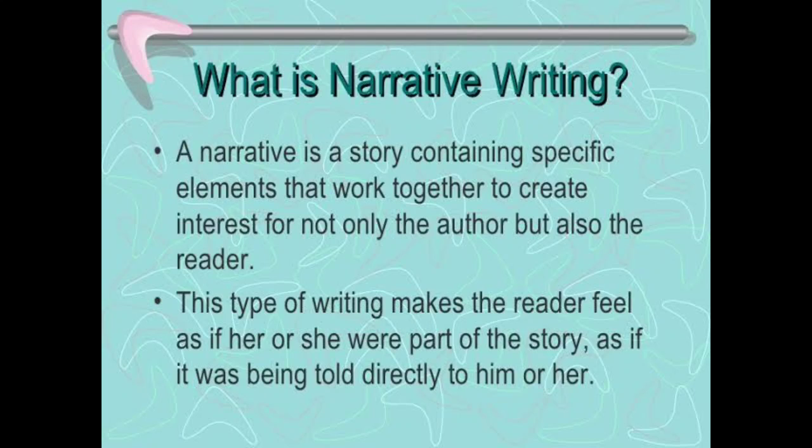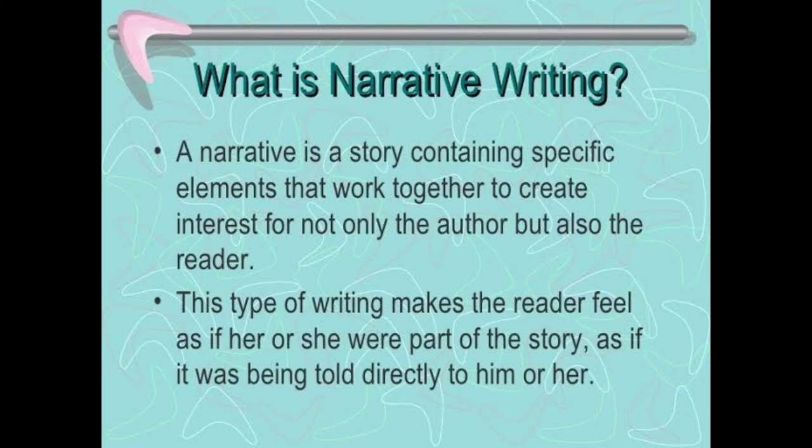A narrative is a story containing specific elements that work together to create interest for not only the author but also the reader. This type of writing makes the reader feel as if he or she were part of the story, as if it was being told directly to him or her.